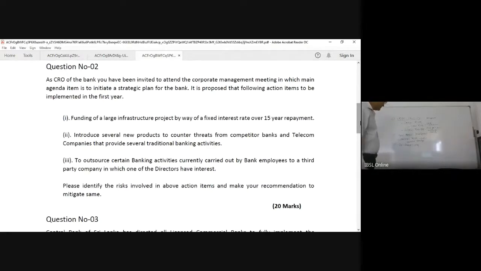But here, what is the risk? Central Bank has issued a guideline on what type of services we could outsource. Here, the risk is, are we adhering to those guidelines? Risk is compliance.